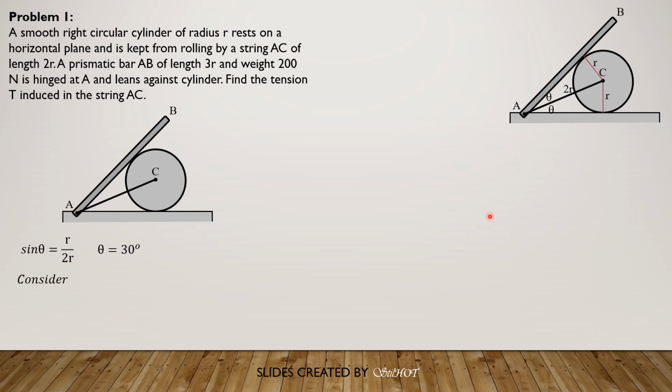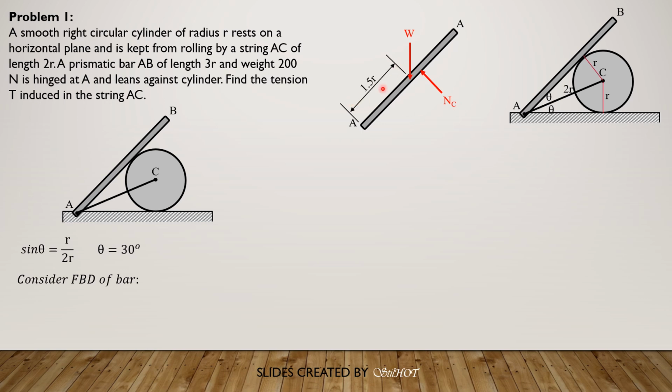So for the free body diagram of the heavy bar, let's denote the weight as W as the action force. It acts 1.5 of r from A because it acts at the center, and we have N sub C here.